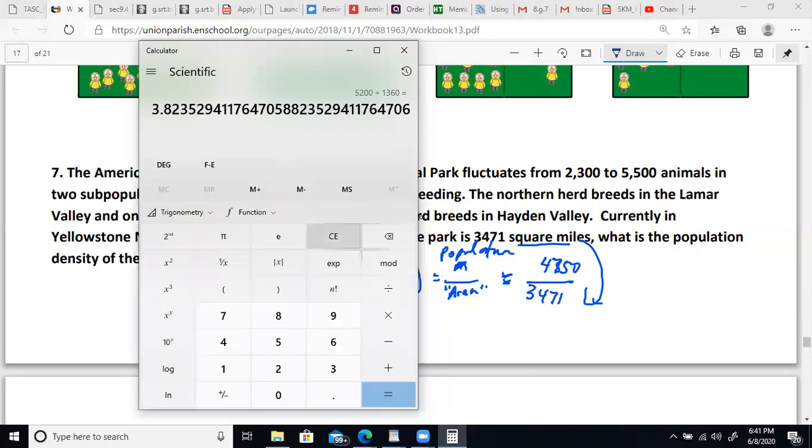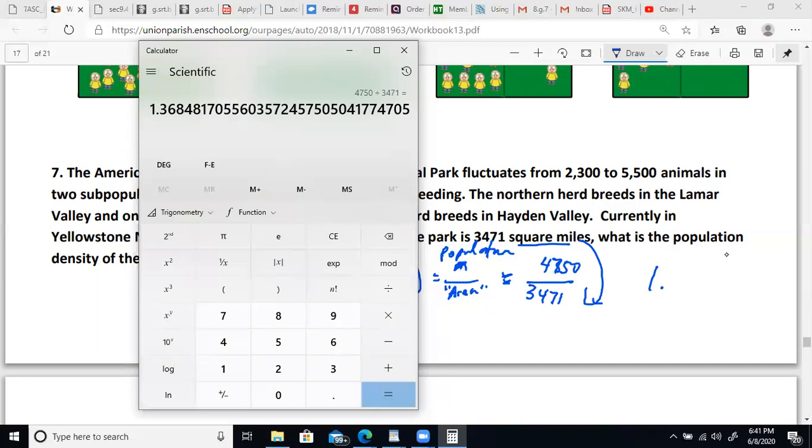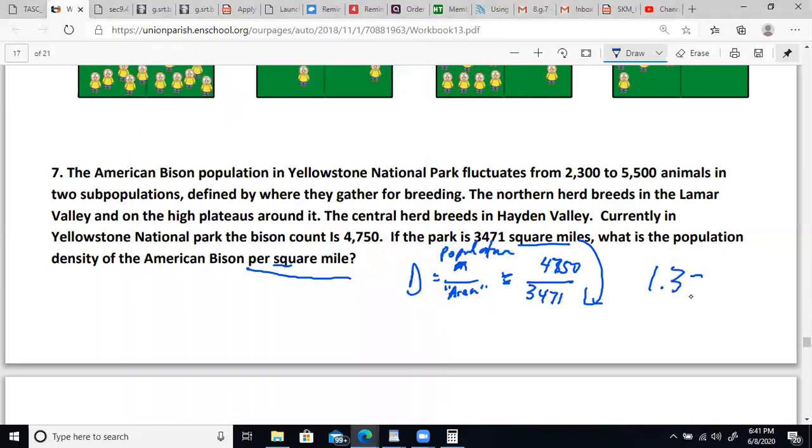We just type it in the calculator, 4750 divided by 3471, and we'll get 1 point something. I'm going to round that up to 1.37 bison per square mile. The unit could have a 2, or they could write square mile like that.